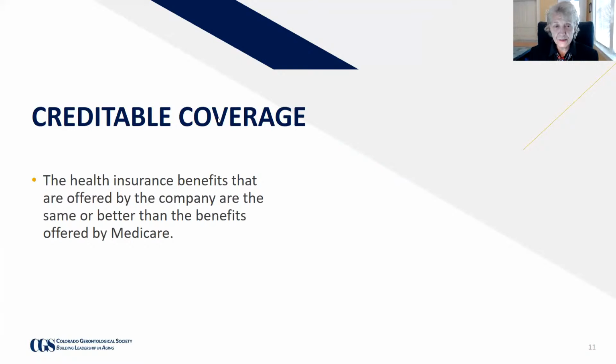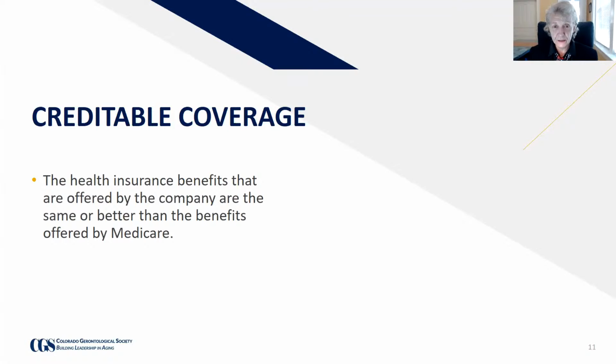The very first thing that I want you to know about in this is credible coverage. This is the most important thing related to employer coverage. What credible coverage means is that the health insurance that you have through your company is the same or better than the benefits that are offered by Medicare.